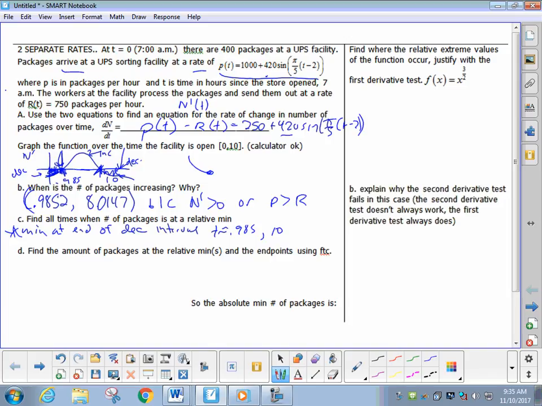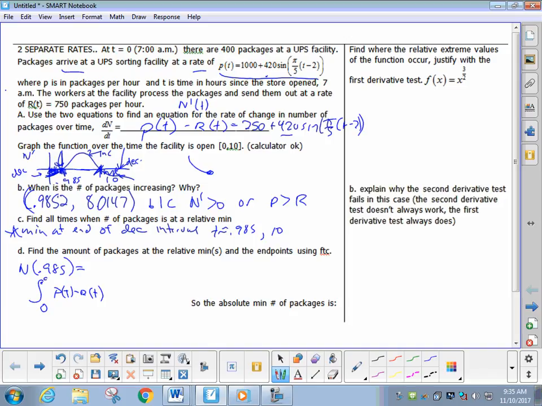So how do I find the number of packages at time 0.985? Integrate the original part. Yeah. So if I integrate the total rate of change, then wouldn't that give me the change from the starting point up to some point in time?